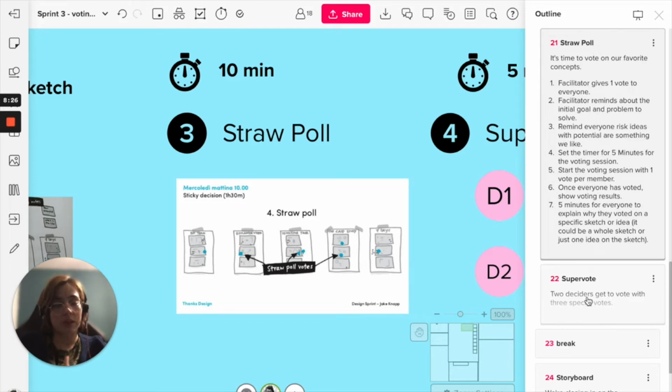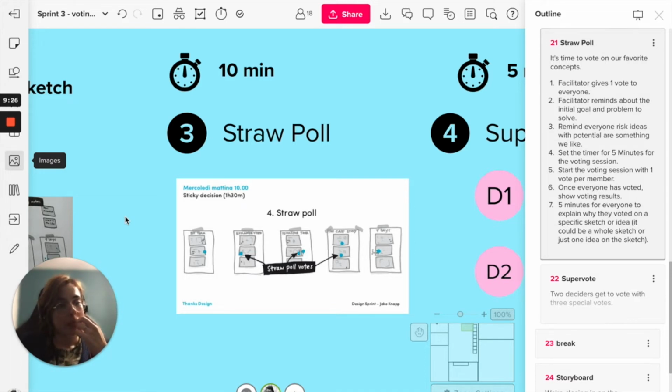Of course, the facilitator needs to remind the team of the initial goal and the initial problem that was set up at the beginning of this design sprint. Here we also remind that risky ideas are good, and if they are original or have some innovative thoughts in there, they are good also. The idea is that we look for those that might have potential.